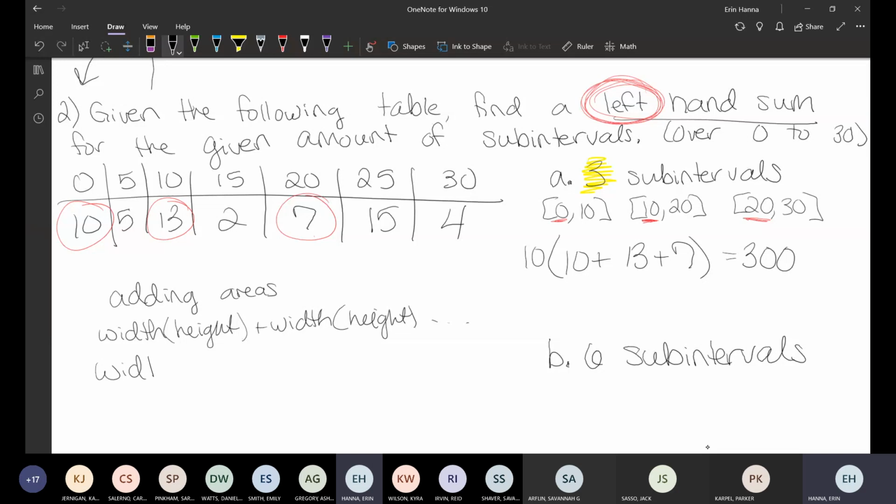The way I write them is I write the width on the outside and then you sum the heights in the middle. We know it's 10 in this case, because we're taking a total distance of 30, breaking it into 3 pieces, so the width of each interval is going to be 10. If you take the total distance you're working over divided by the number of rectangles, the number of subintervals, that gives you your width, which is the thing that you multiply the whole thing by.